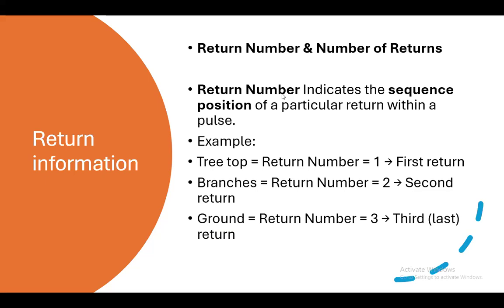This 1, 2, 3 is the return number. So first return from the tree top, second return from the branches, third return from the ground, which you can also take as the last return. When you are numbering the returns as per the level from where they are coming, that is the return number.